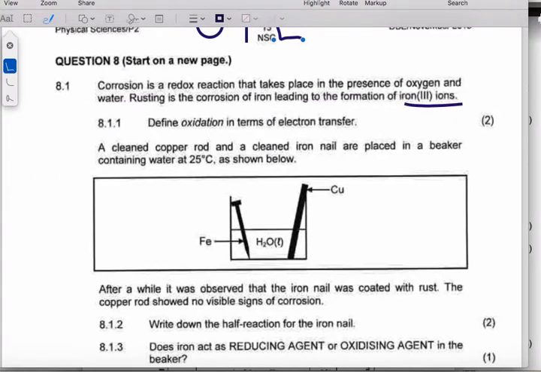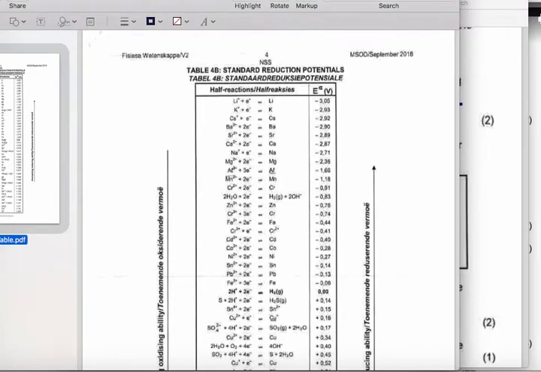So we go to our standard reduction potential table and we start looking down here for iron, Fe. Now there is one, but it's Fe2 plus. So we keep on looking, we keep on going down, down, down, and there we see one for Fe3 plus. So that looks like the one we want.